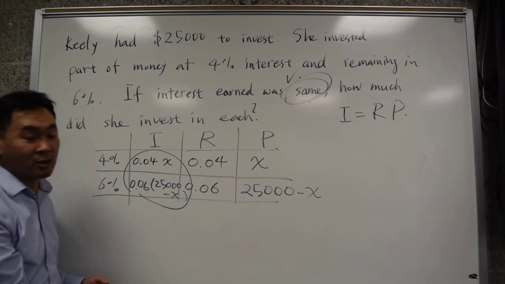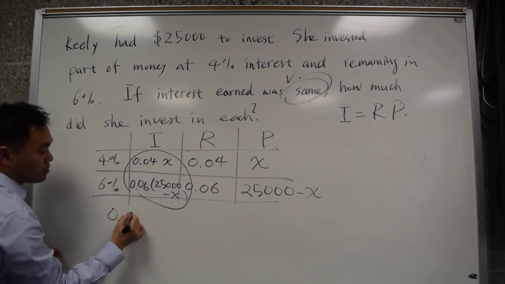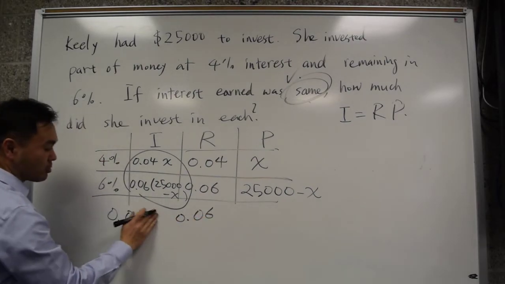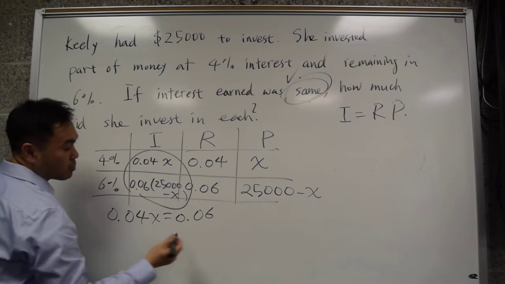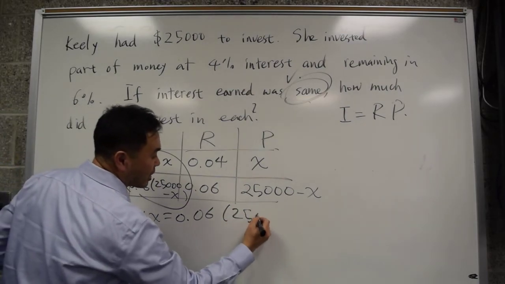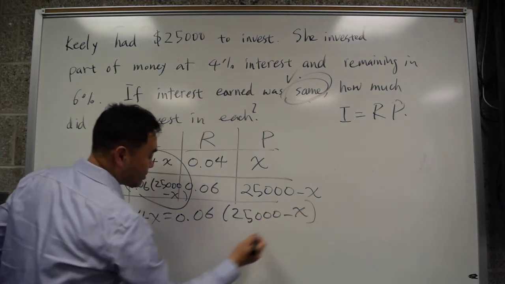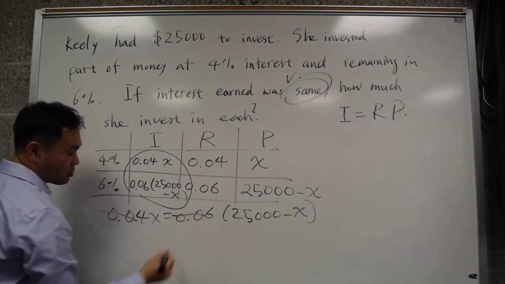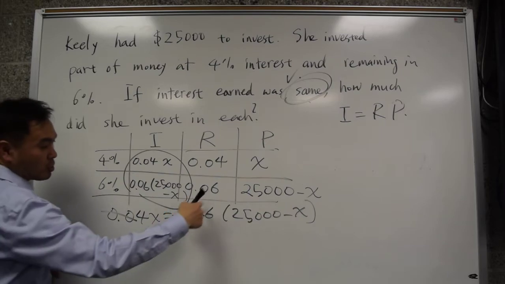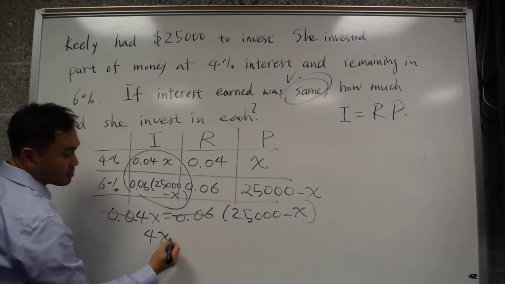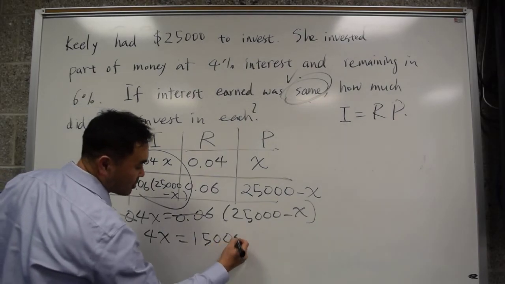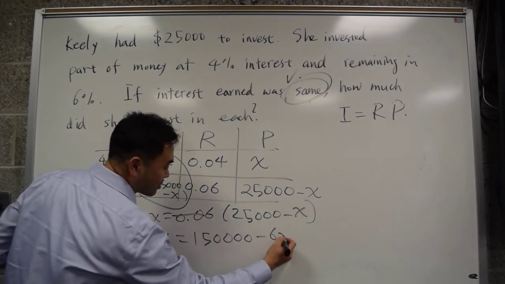So we say 0.04x equals 0.06 times (25,000 minus x). Okay, multiply by 100 on both sides to get rid of the decimals. Then you multiply the 6 out, so you get 4x equals 150k minus 6x.